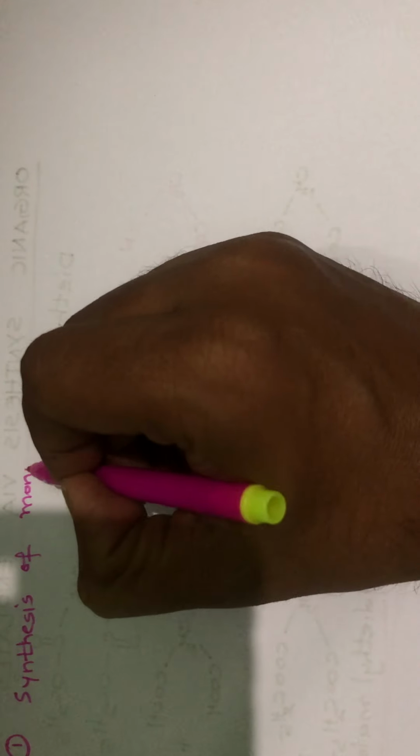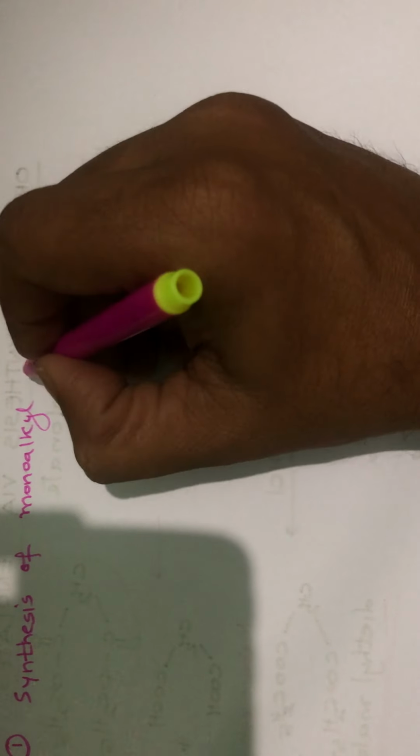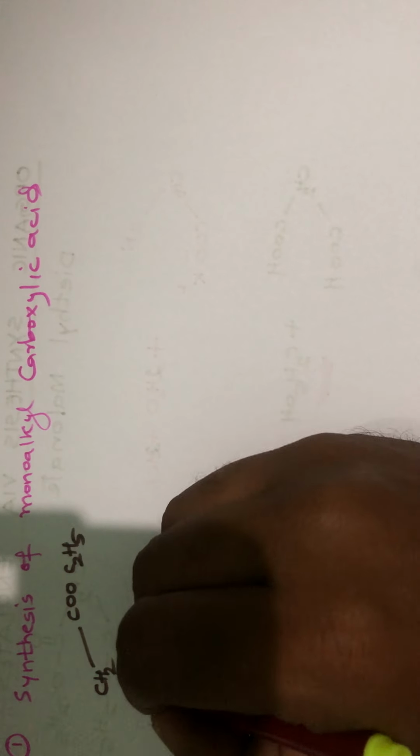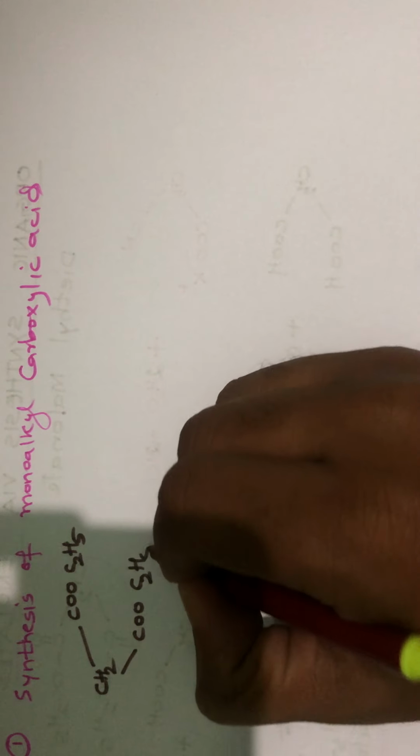So let us discuss the synthetic application of that. The first one is the synthesis of monoalkyl carboxylic acids. These can be prepared from the malonic acid ester, CH2(COOC2H5)2.